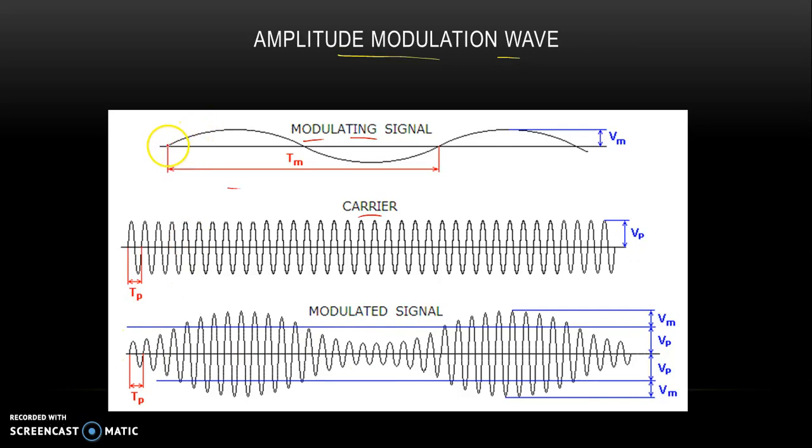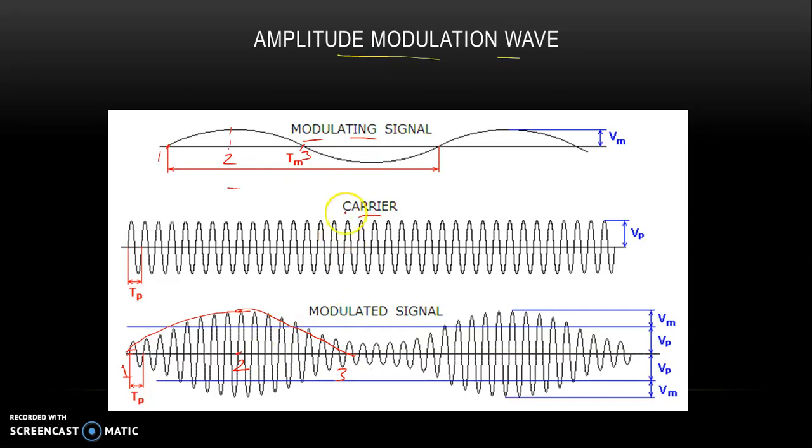Let's say this is 1, this is 2, and this is 3. When the signal is increasing from 1 to 2, our amplitude modulated signal will also start from 0, or we can say 1, and increase till point 2 is reached. When it decreases from 2 to 3, the modulated signal will fall somewhere here.